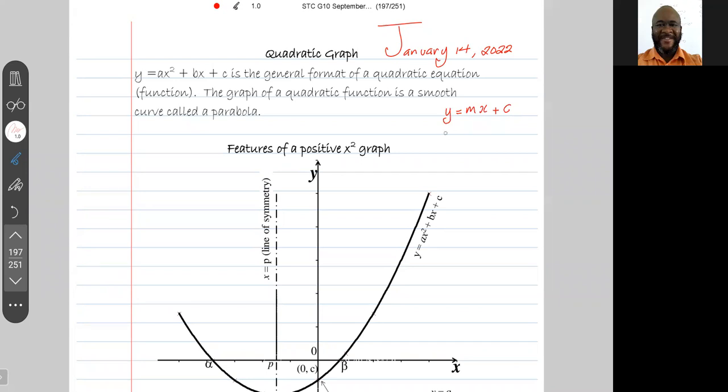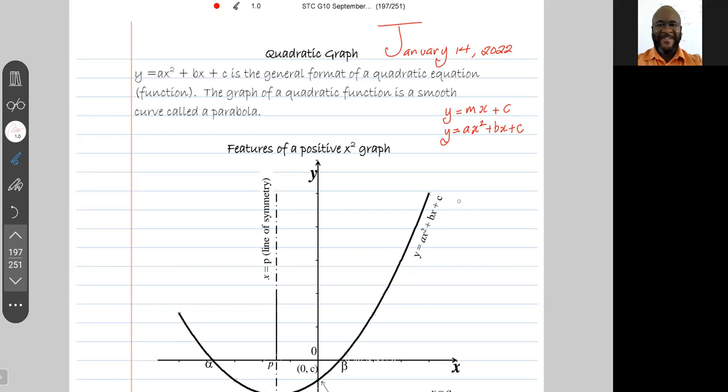But if I draw a graph of an equation of this form, this equation is a quadratic equation, and the graph of a quadratic equation is a smooth curve that is called a parabola.